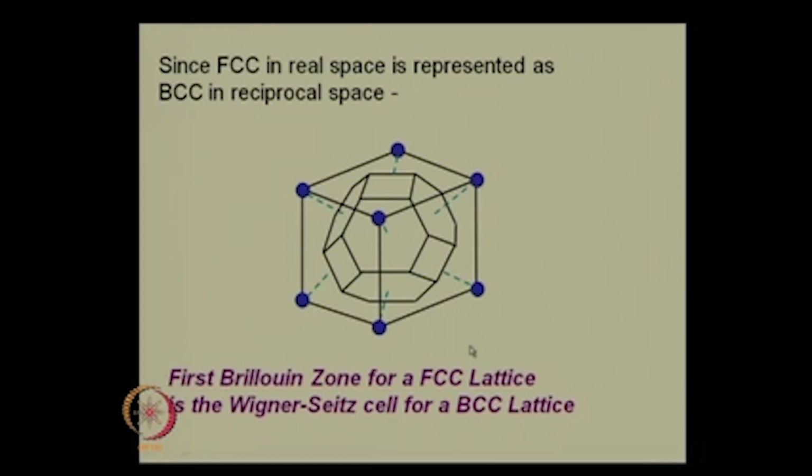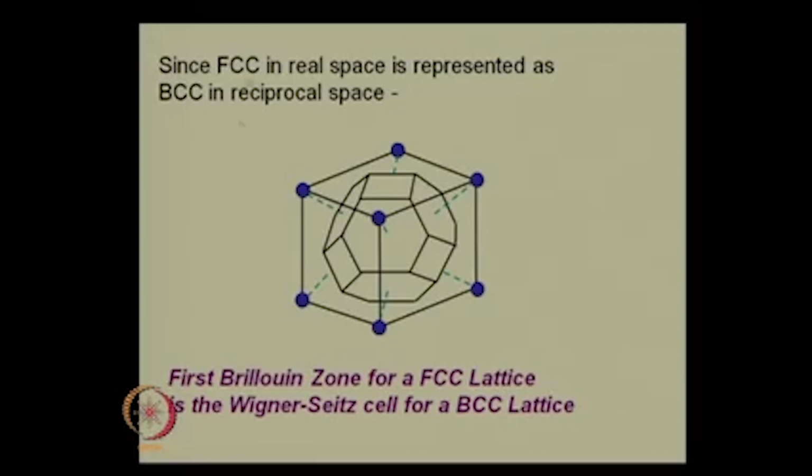I suggest that you look at this a little slowly and carefully so that you understand what we have done here. Our definition talks of reciprocal space, reciprocal lattice, the Brillouin zone definition. So we can only define the first Brillouin zone and subsequent Brillouin zones with respect to the reciprocal lattice.